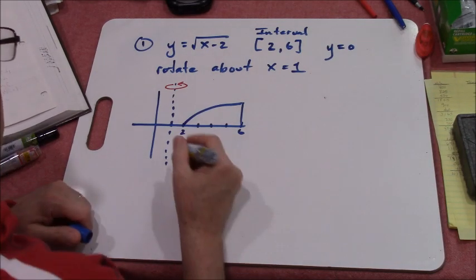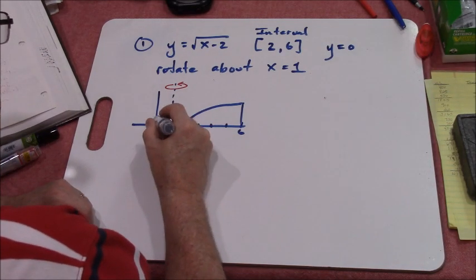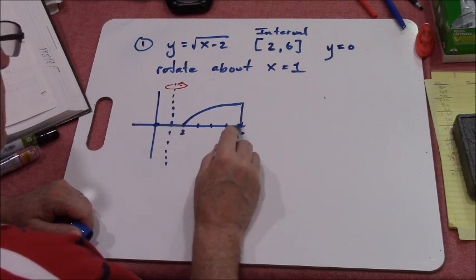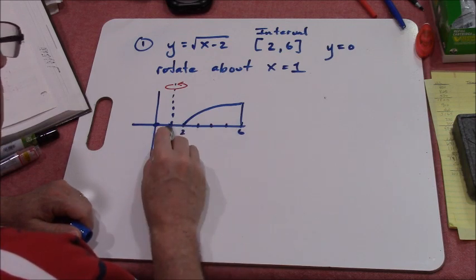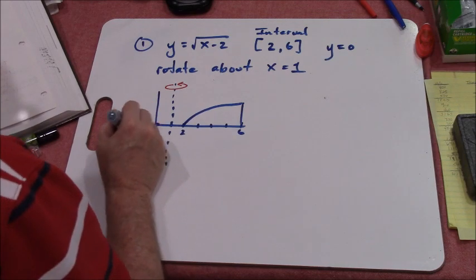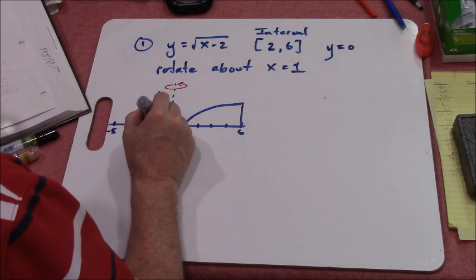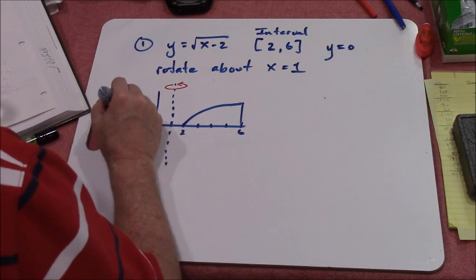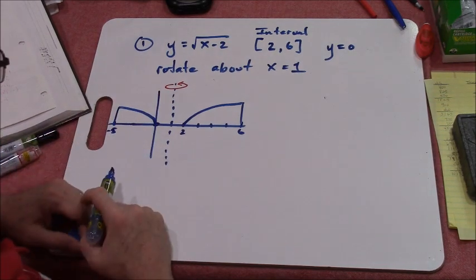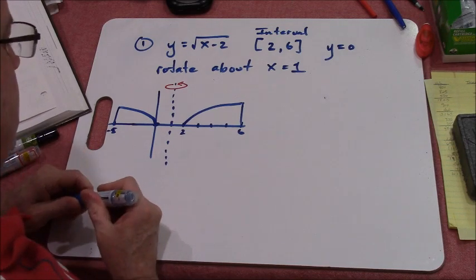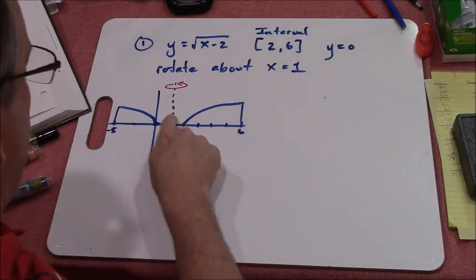So what I'm going to get is, let's see, this point when I rotate around would be right here at the origin. This point here at 6 would be 5 units away from 1. So I'd have to go back, I'll just put it right here, to negative 5. And so I'm going to have a picture that looks like that. Well, maybe a little bit larger, but we'll work with it. And so it's hollow in the inside.